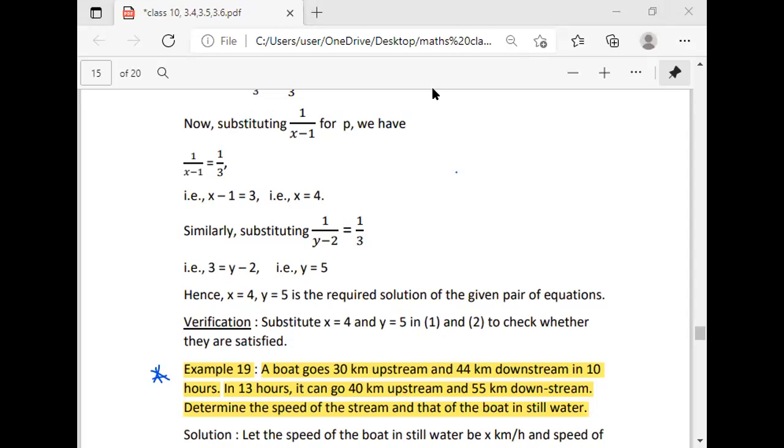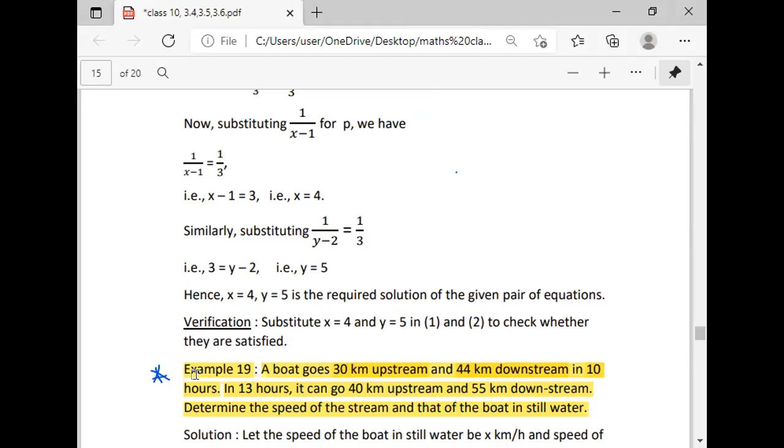Because going against the stream is a little bit difficult, so it reduces the speed of the boat. But going with the water can increase the speed. That's why in the question, 30 kilometer upstream is given, but the same boat goes 44 kilometer downstream in the same 10 hours.